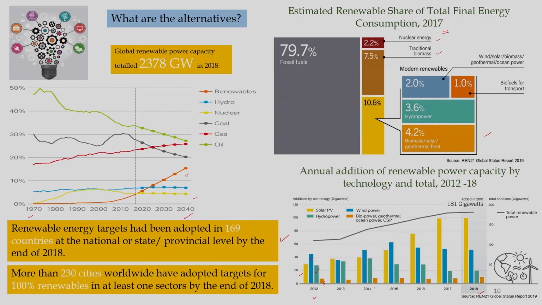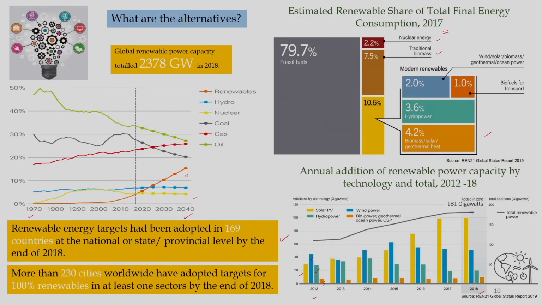With years you can see the contribution of all the different sources of renewable energy, and as you can see, in 2018 the contribution of solar is extremely higher compared to other sources, and this secondary axis shows the cumulative of all.